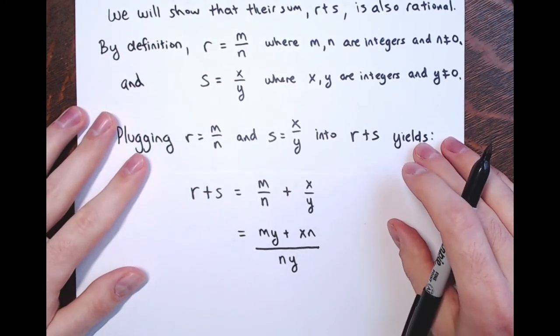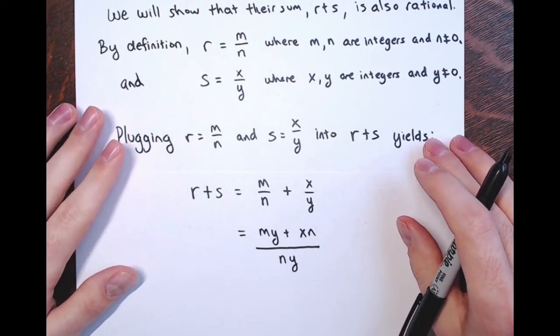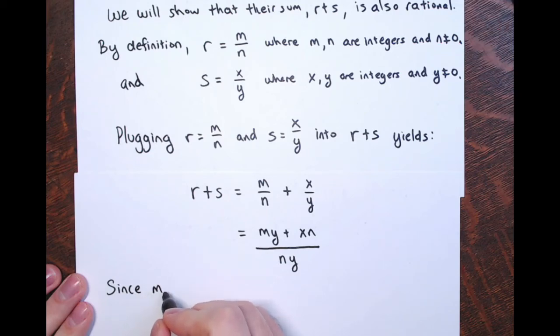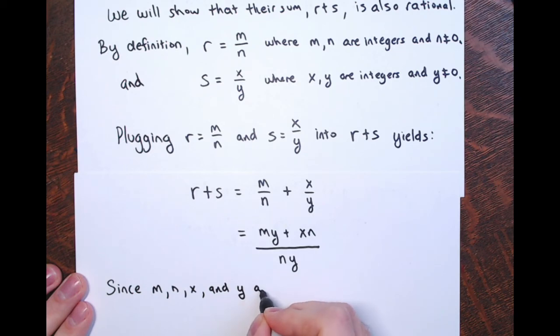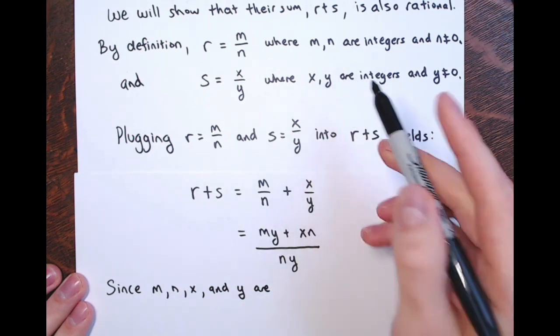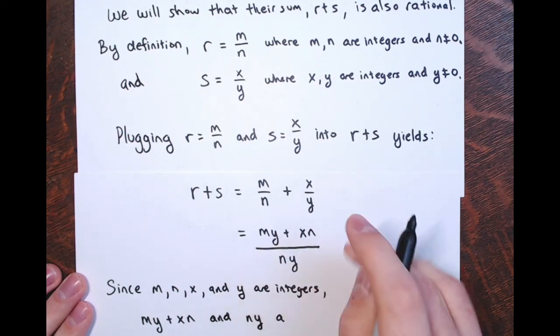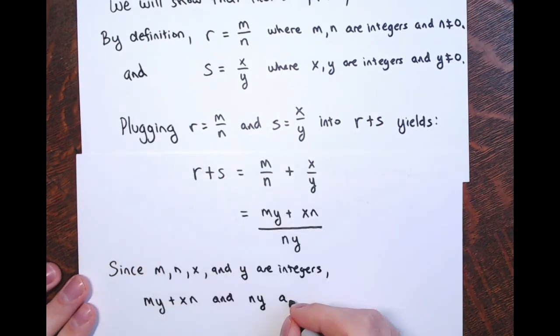Remember, we can assume closure under multiplication and addition for integers. Since m, n, x, and y are integers, we established them as integers up here, m times y plus x times n and n times y are both integers. So the numerator and denominator of this fraction I got for R plus S are both integers, due to the closure.